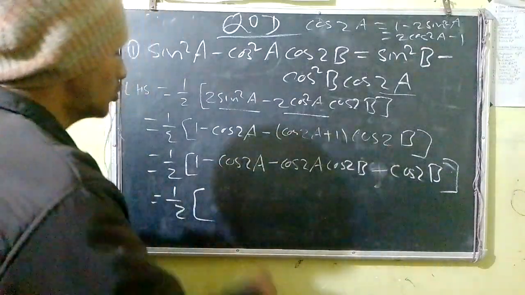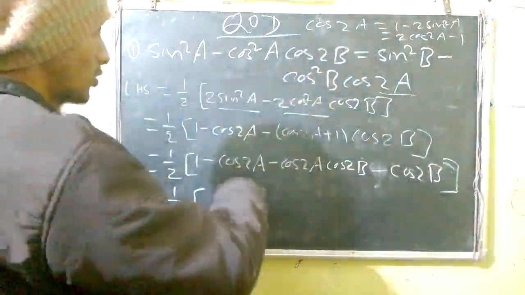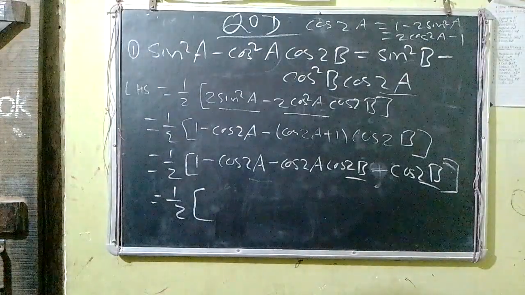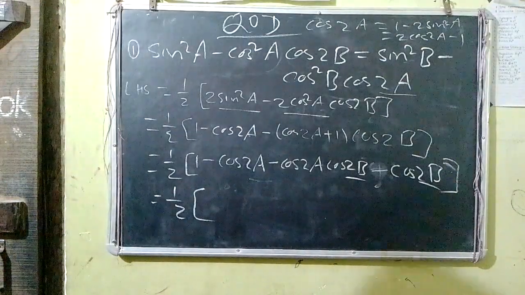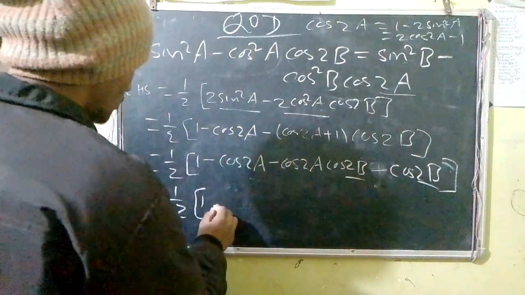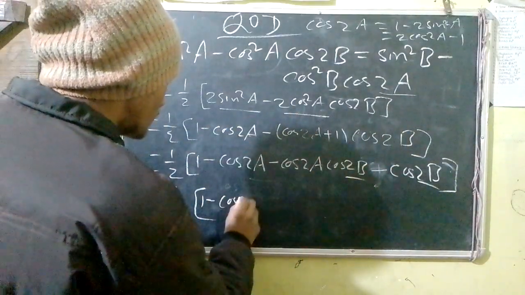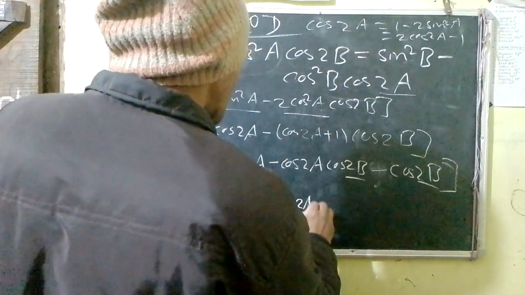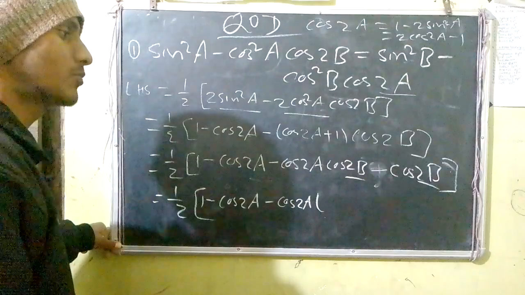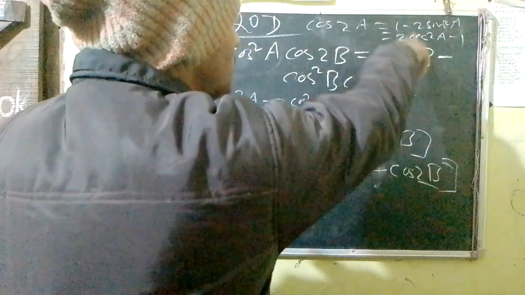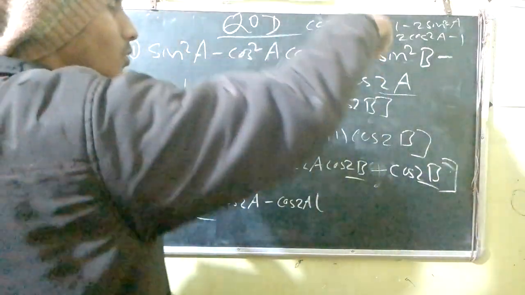Next up, we do want 2A there, because 2A is on that side. But we don't want 2B, because B's are on the right side, not 2B. So the next step is to change those 2B into B's. So this will be 1 minus cosine 2A minus cosine 2A. Let's change cosine 2B into B. We can use either of those formulas we like.